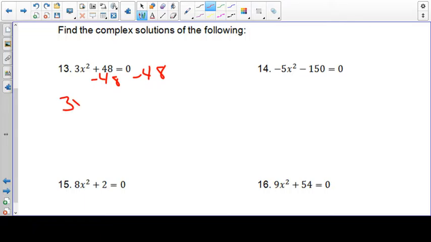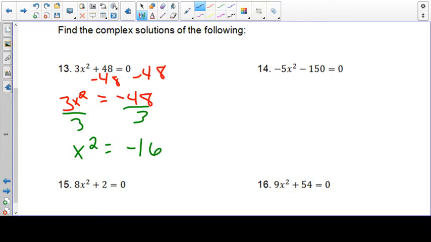So I have 3x squared is equal to -48 because 0 minus 48 is -48. My computer decided to move on me, so it's a little jumpy. It's hard to write. Next, I'm going to divide both sides by 3. So I get x squared is equal to -16, I believe. Yep.